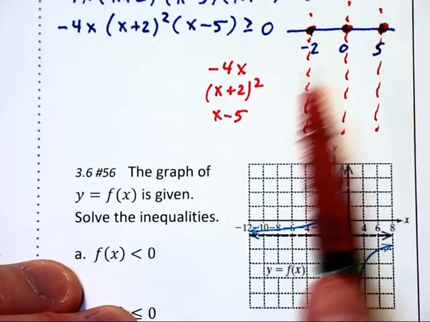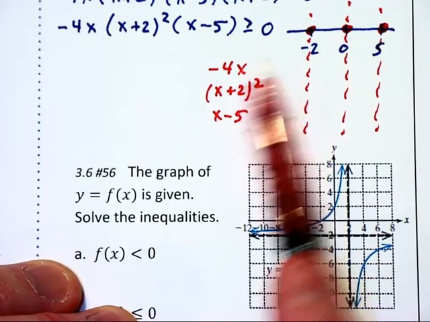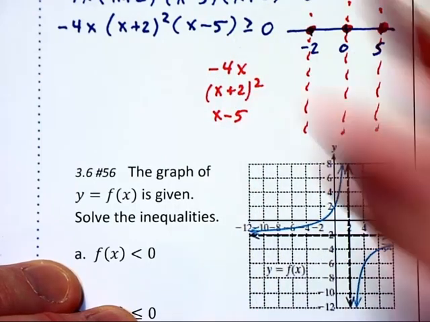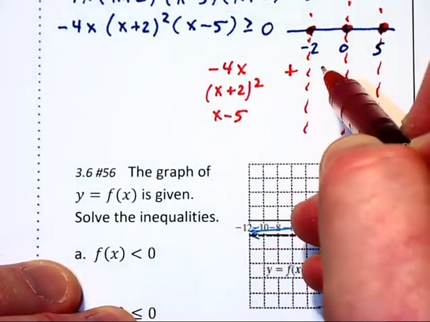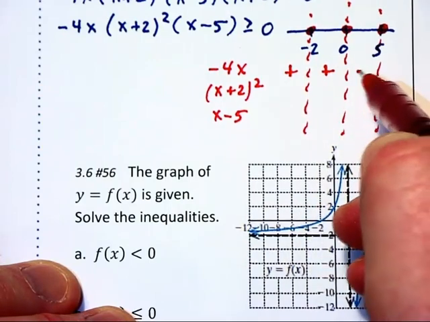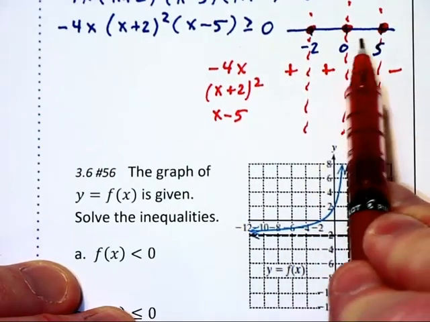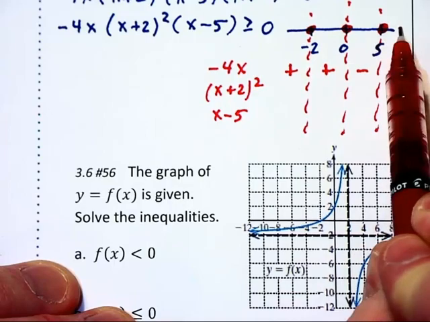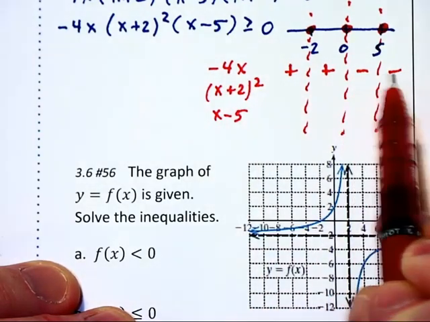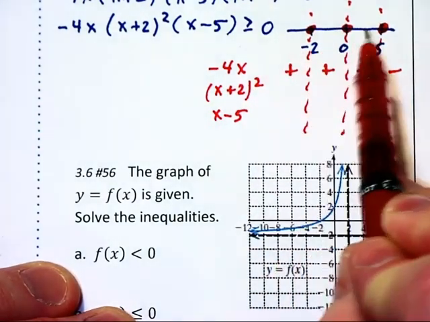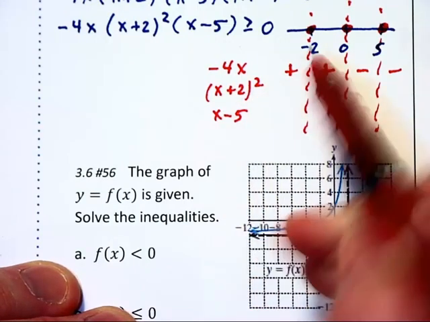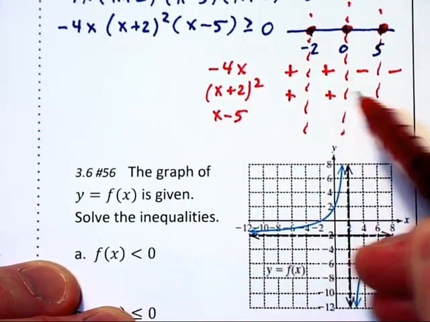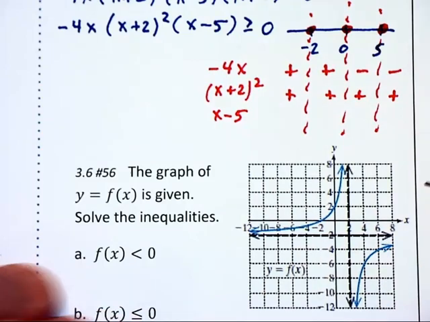If we substitute negative values to the left of negative 2, negative 4 times another negative is going to give us a positive. Likewise, here we'll have a positive, and then a negative and a negative. If we substitute in positive numbers in those intervals, multiply by that negative, we will get negatives. No matter what values we substitute into this quantity squared, the output will be positive from those parentheses.